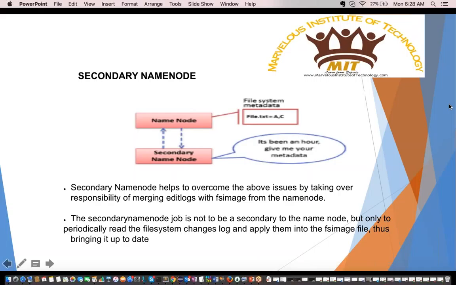The limitation was the time taken. It takes so much time while restarting, so for that duration the cluster is not available and no application can access it.